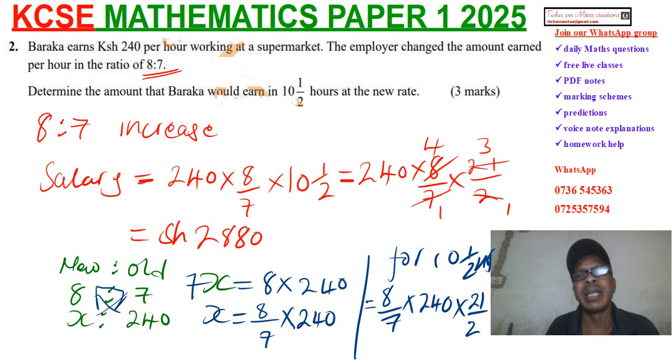That will give you the same answer as we obtained earlier. So that's how it works. You should understand how to work with ratios, which I think you learned in Form 1. And this is also another simple question which you can't afford to fail, because this is where you get marks. You are able to get marks before you move to other questions in section B.